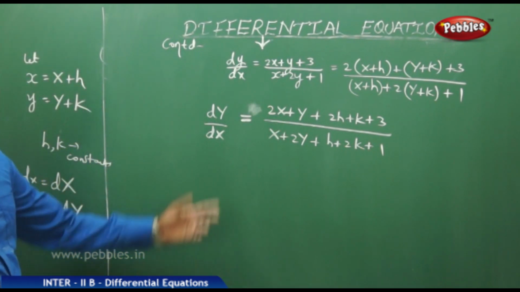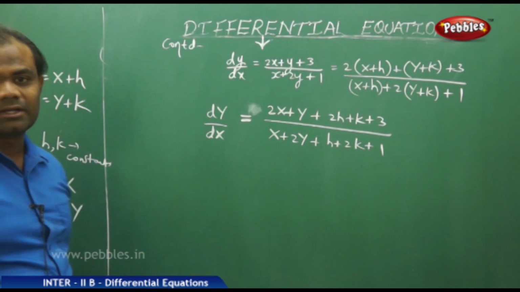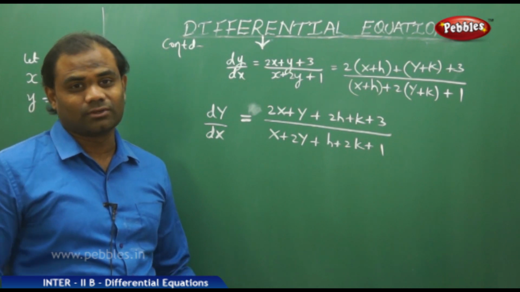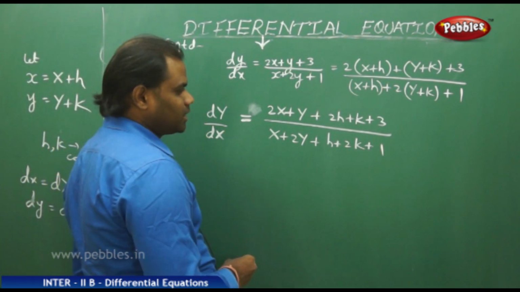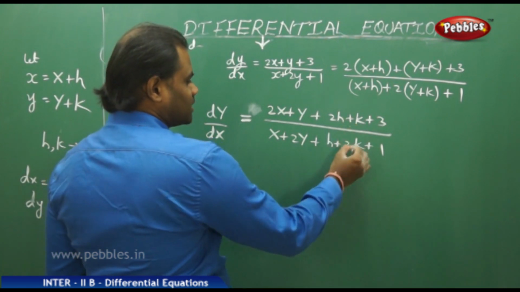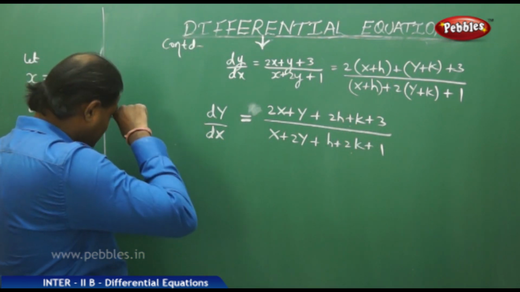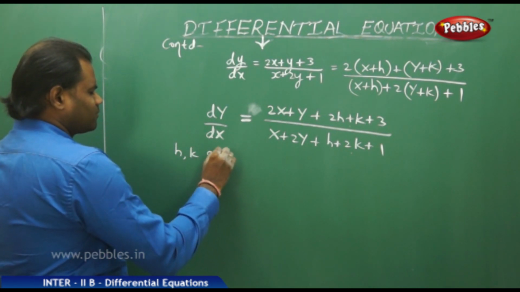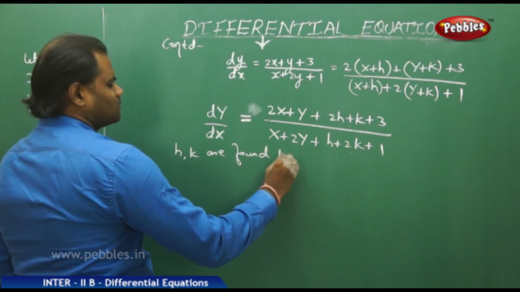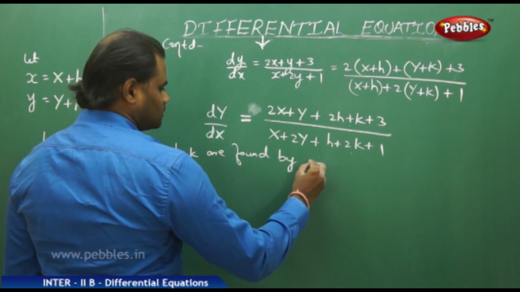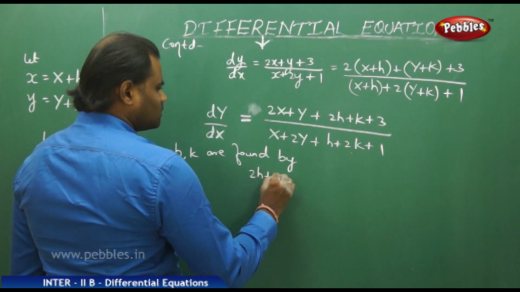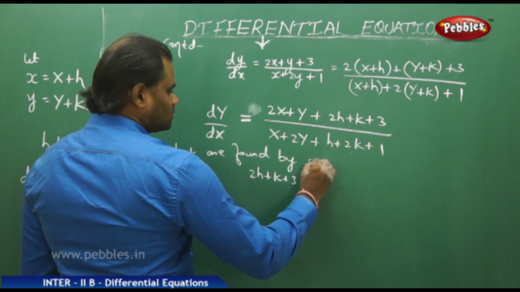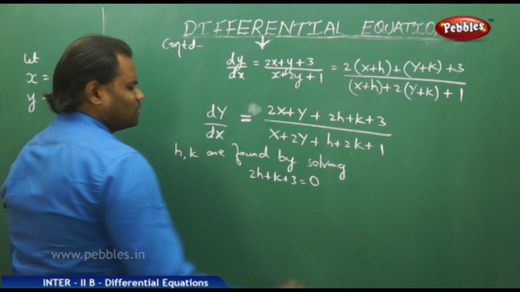Now this differential equation is compared with case 2 of the non-homogeneous differential equation and its solution. So here h and k are obtained by equating this and this to 0. H and k are found by solving the two equations.